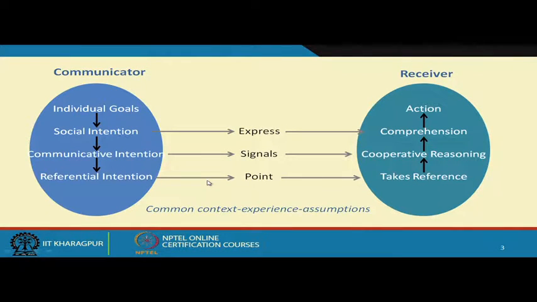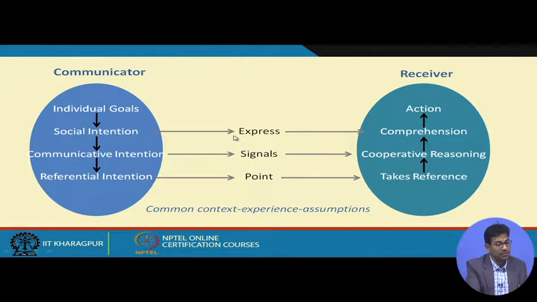There could be a gap occurring at an expression level, at a signal level. What kind of social intentions have been expressed, what kind of signals have been given out, and what are the references which were referred to. So, they might break at all these points, and this happens obviously because of the cultural difference.